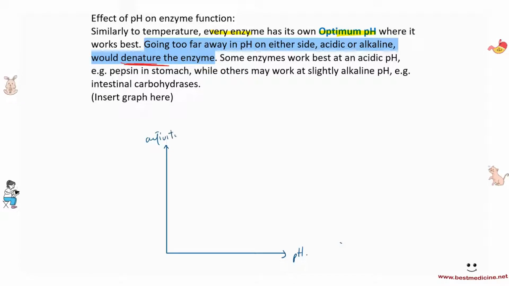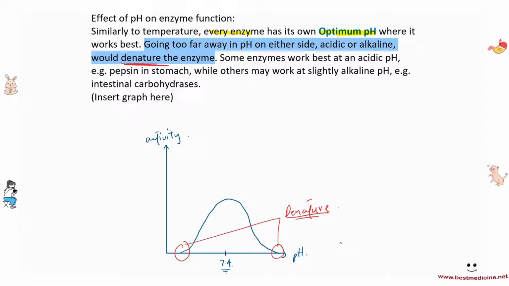Maybe the rate of reaction. And let's say our normal pH is 7.4, which is the normal pH of blood, and the optimum pH. And over here, the activity, if you see, goes to 0 when we go to either side. It goes to 0 because the enzymes are denatured. The active site is lost.